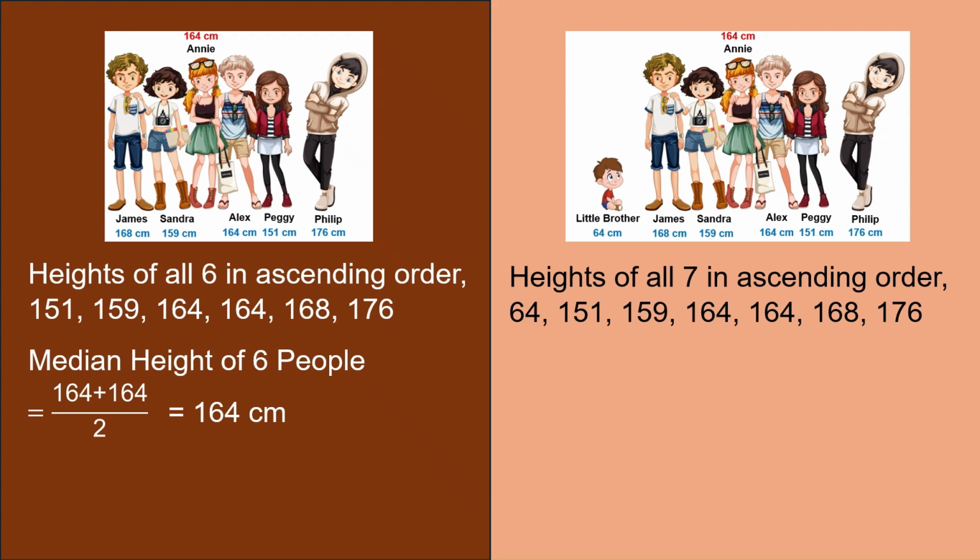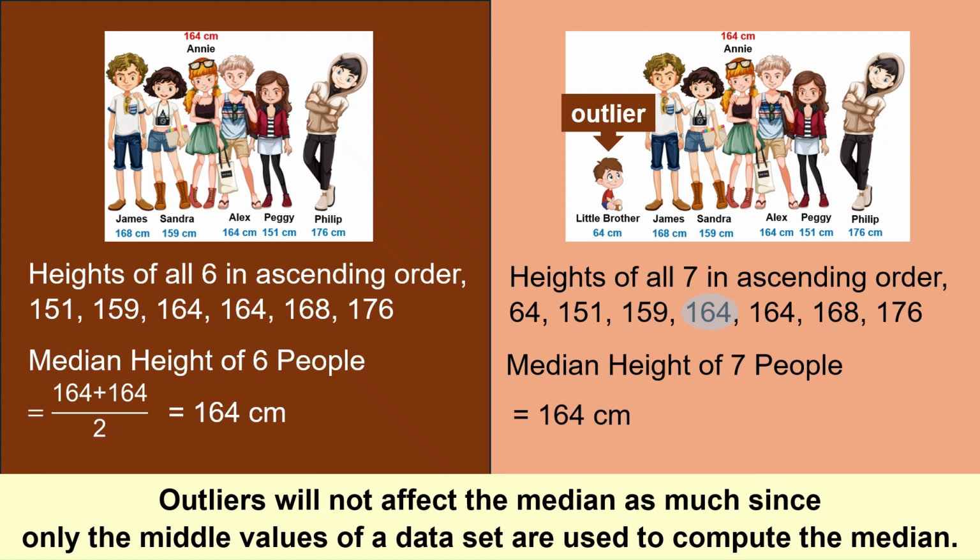Since there is now an odd number of data points, there is only one middle value, 164. Hence, the new median is 164 cm. It is not surprising that the new median is not affected by the outlier, since the outlier has little impact on the middle values of a dataset.